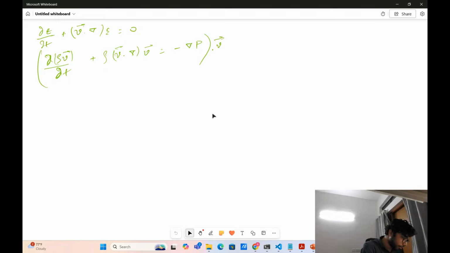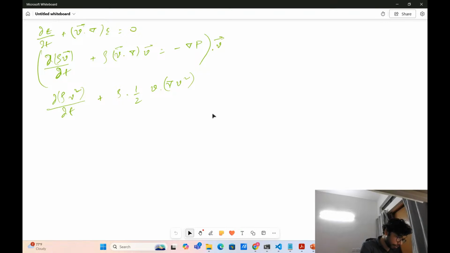So this will become del of rho V dot V by del t. V dot V is V square. Plus this will become rho times half V dot del V square, right? So can you visualize this? Why is this V dot del V square?